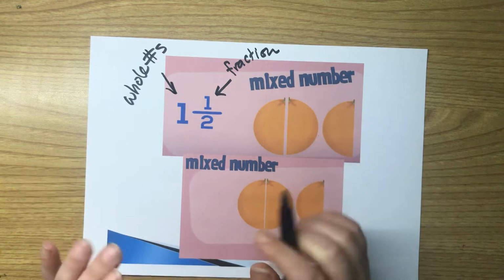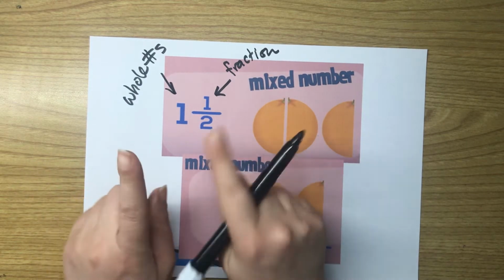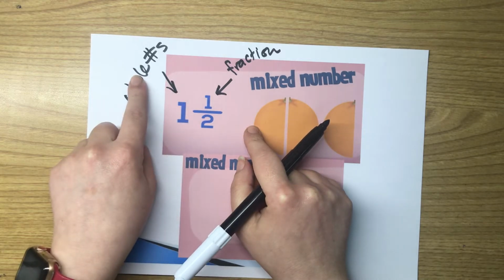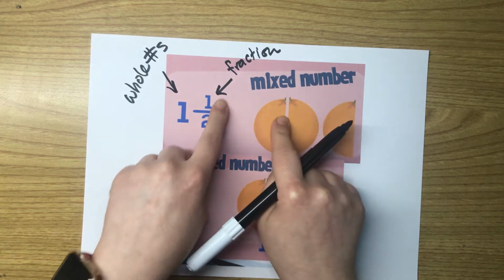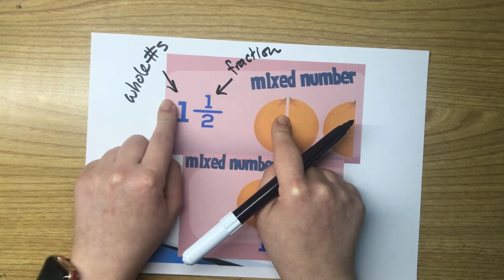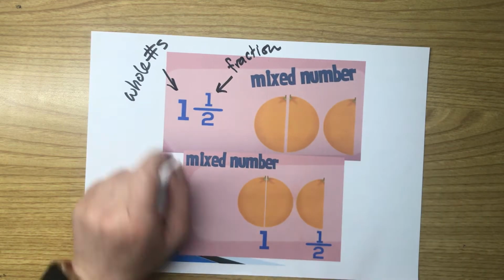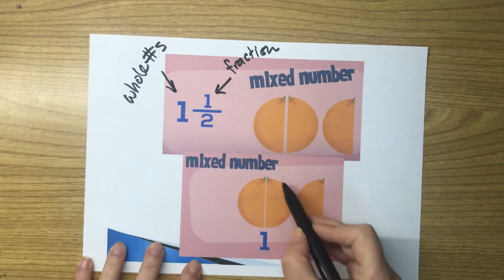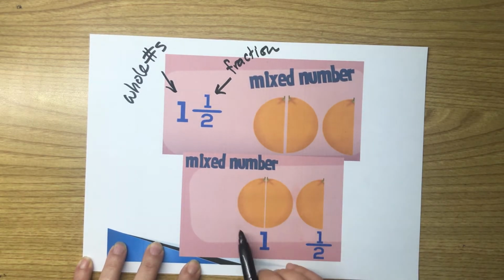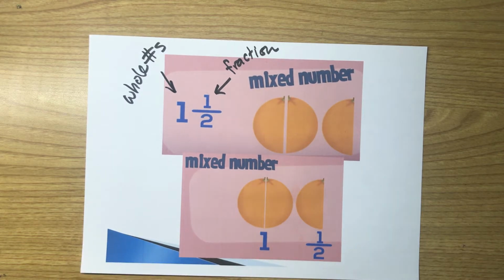That's why they call it a mixed number, because it has 2 kinds of numbers. The first part is called the whole number, and the second part belongs to the fractions. So we mix them together. That's why they are called mixed numbers, because we have 1 whole orange and a half. That's how we can represent groups or fractions using mixed numbers.